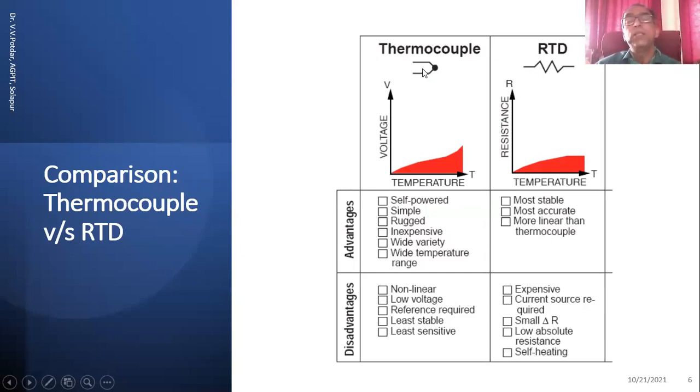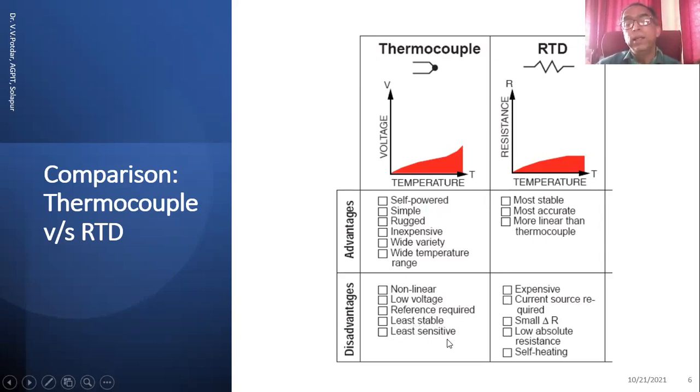Whereas the disadvantages, if we look at thermocouples, it is non-linear beyond certain range. Low voltages are given as the output, and reference is required for making my temperature measurement more valid and accurate.